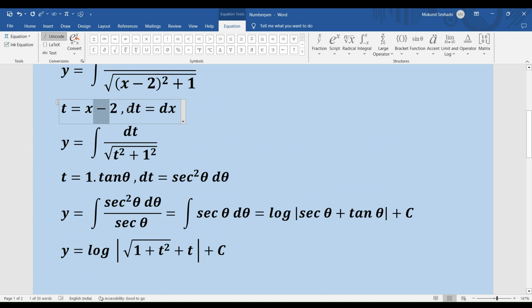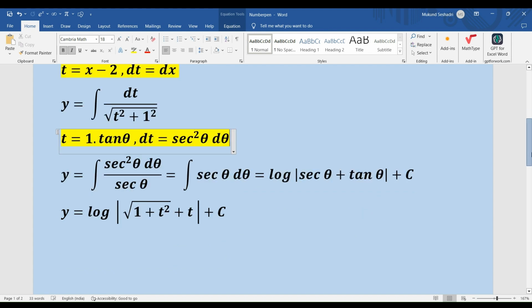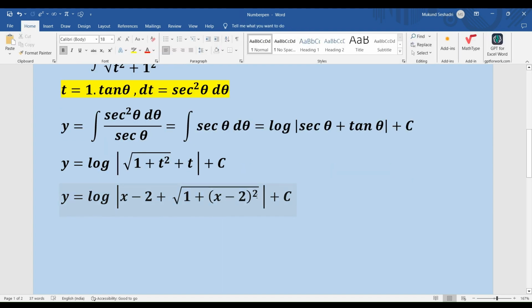Now I go back and take a look at what is that substitution that I originally made, right? Let me highlight that in yellow for you folks. So my t equals x minus 2, and let me put back my t in terms of x, which is not too difficult. So there we are, post replacement of t with x minus 2. So this is my final answer to this problem.